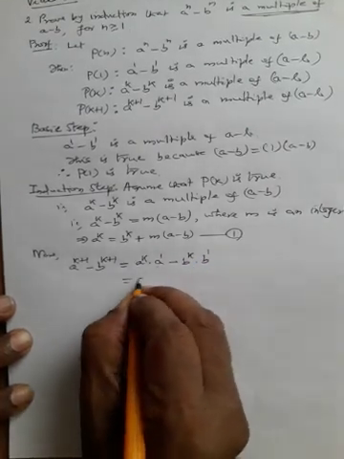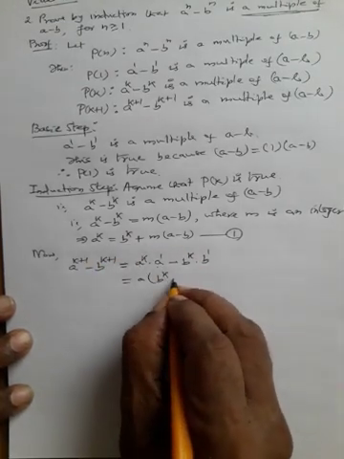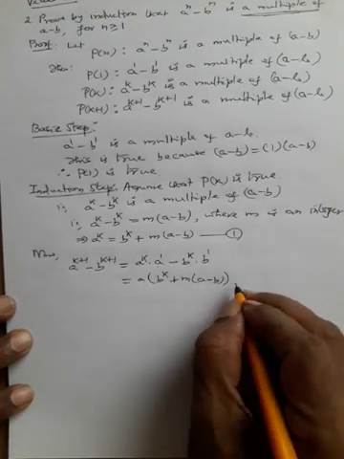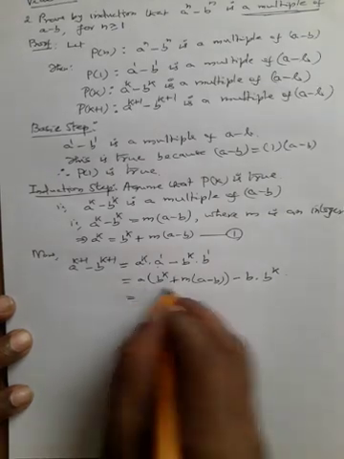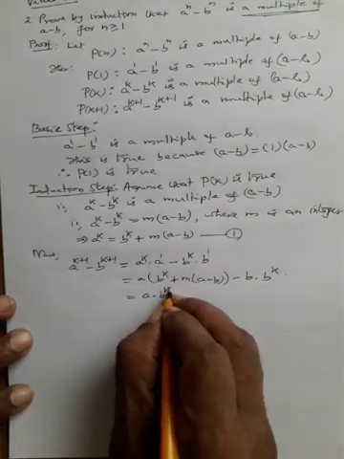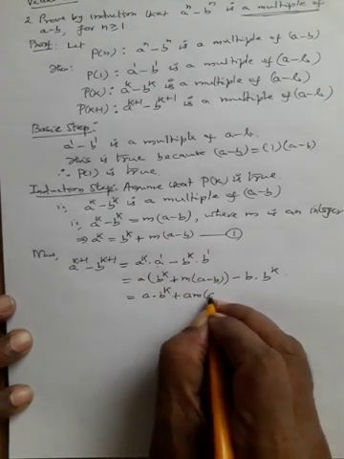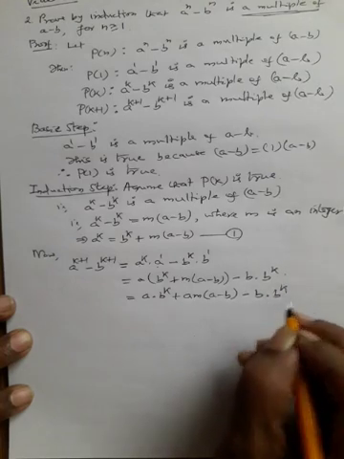Here a into a power k, whose value is b power k plus m into a minus b, minus b into b power k, gives a into b power k plus am into a minus b minus b into b power k.